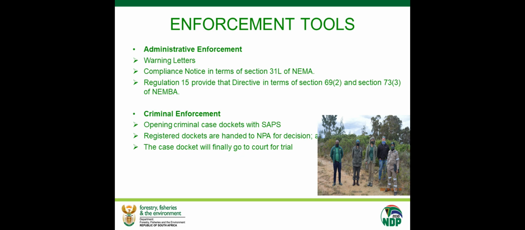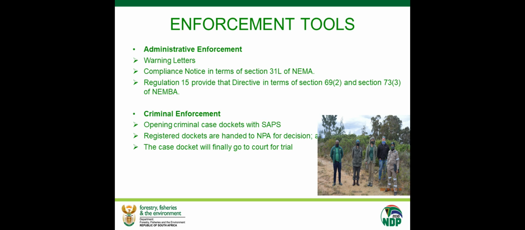Now, after that, if we decide to issue a compliance notice, maybe because the landowner ignored the pre-directive and decided not to comply with it, we issue the compliance notice. Then we come again to your property and check whether you are complying with the compliance notice.